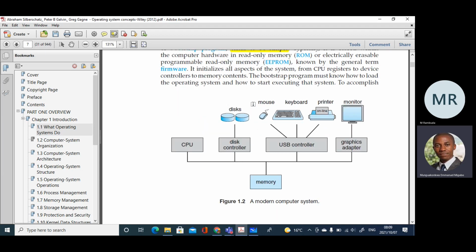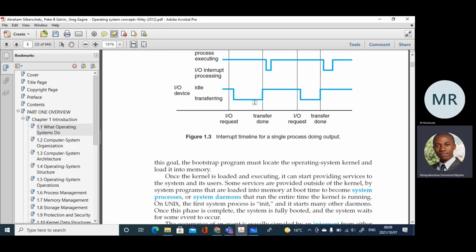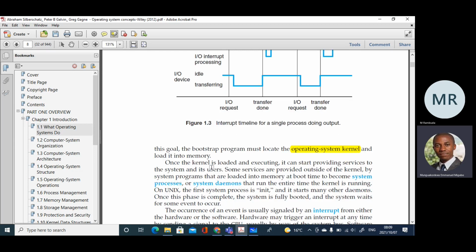So now, to accomplish this goal, the bootstrap program must locate the operating system kernel, start by the kernel part of it, and load it into memory first. So that's the first step. Once the kernel is loaded and executed, it can start providing services to the system and its users.